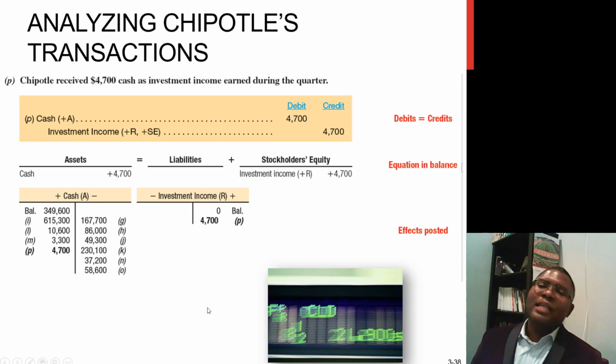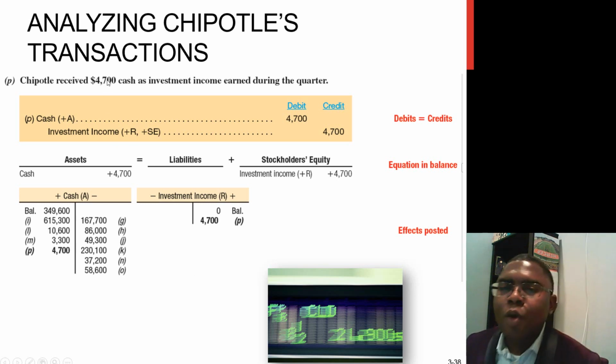All right, another example. Chipotle received 4,700 cash as investment income earned during the quarter. So they are receiving cash. Cash is an asset, and they receive that as investment income. So that will be a revenue.